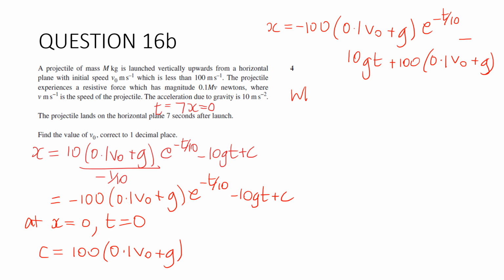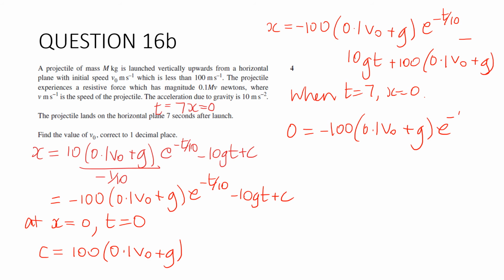All right, when t is equal to 7, x is equal to 0. So 0 is equal to negative 100 (0.1 v naught plus g) e to the negative 7/10, 0.7, minus 10 g times 7 plus 100 (0.1 v naught plus g).